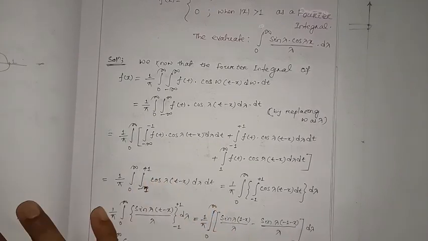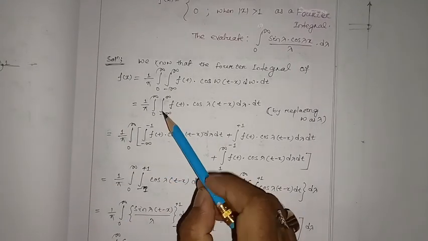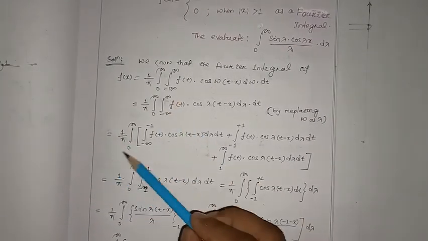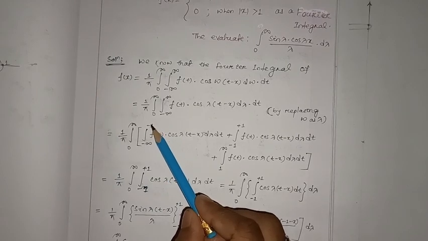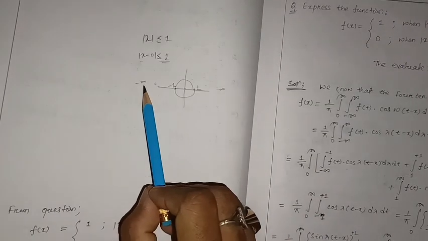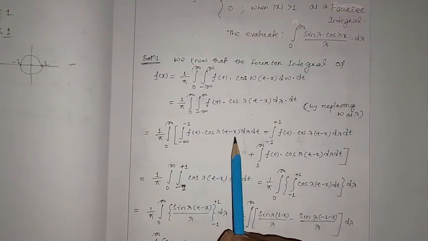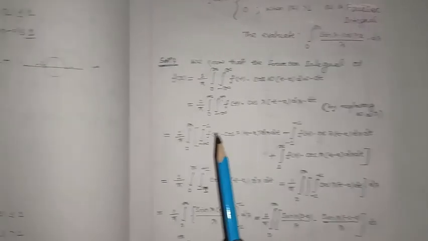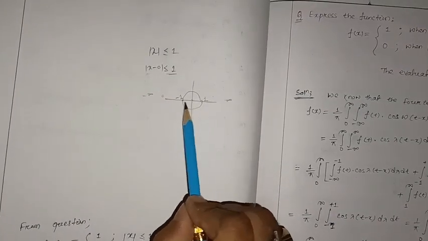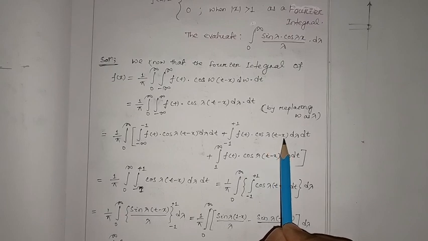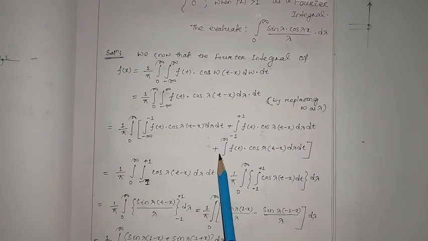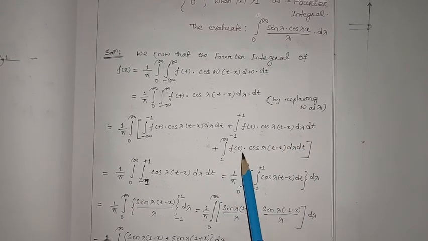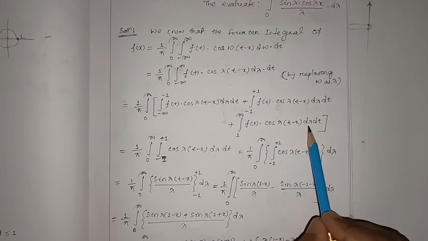Okay, so now we are going to use the values. First we have to segregate the integral from minus infinity to plus infinity: minus infinity to minus 1, f of t cos lambda t minus x, d lambda dt, then plus minus 1 to plus 1, f of t cos lambda t minus x, d lambda dt, and plus 1 to infinity, f of t cos lambda t minus x, d lambda dt.